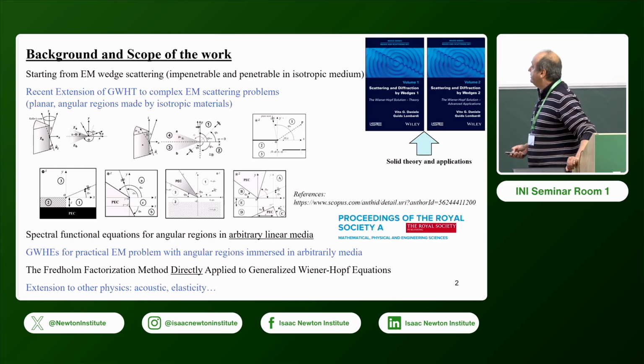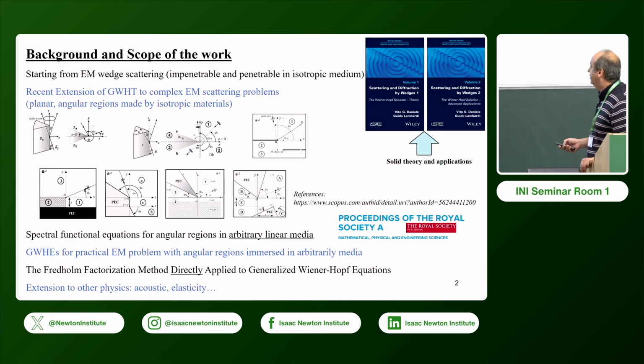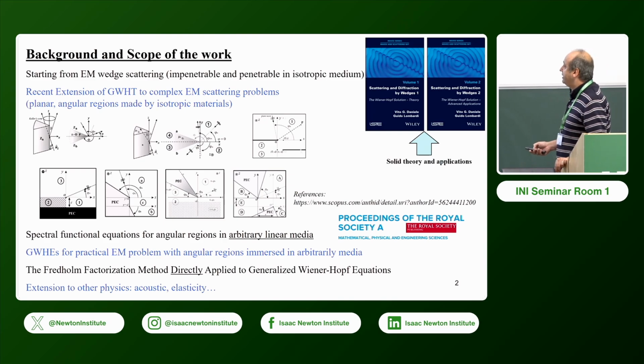Then, as a result of this meeting, in 2021, we published a paper that started to generalize the generalized Wiener-Hopf equation further, introducing arbitrary linear media with its complexity. And from the spectral functional equation derived in this paper, we get generalized Wiener-Hopf equations.